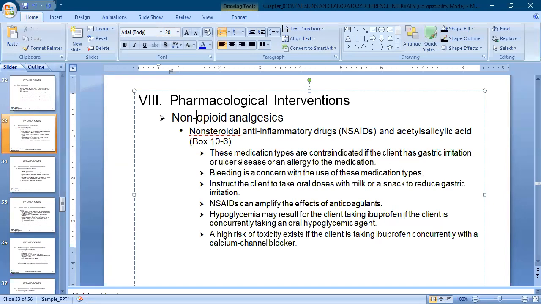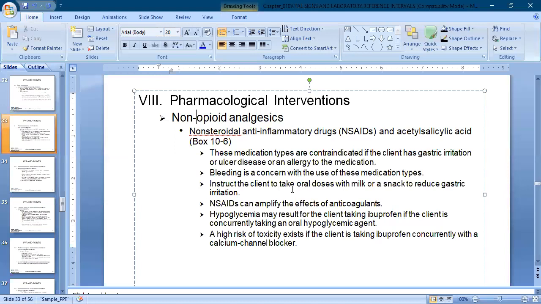Bleeding is a concern with the use of this medication. So you have to educate your patient: if they take the pain medication, always take it after food, after a meal, after lunch or dinner. If the patient takes this medication on an empty stomach, there is a chance of gastric irritation or bleeding.